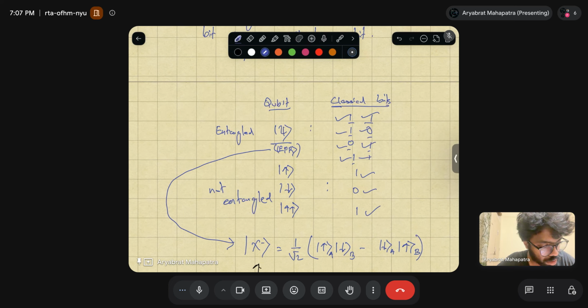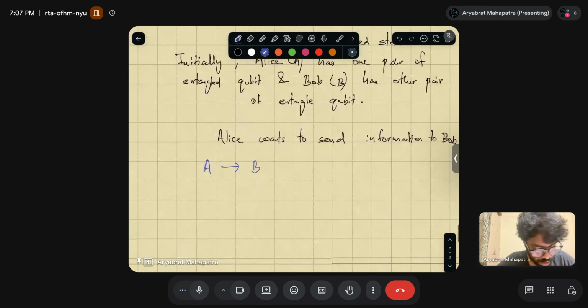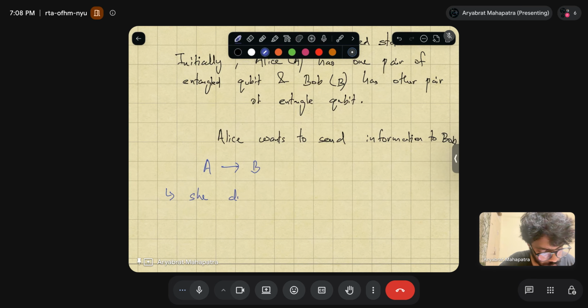That is the advantage we can have if we use these entangled qubits.